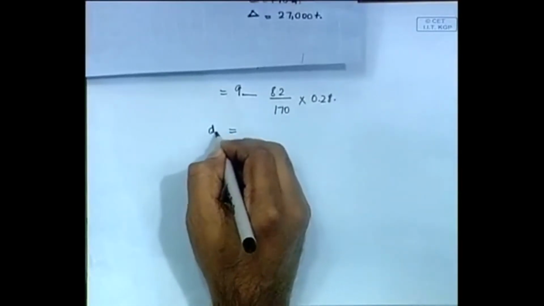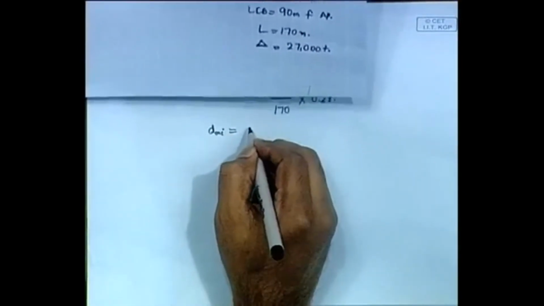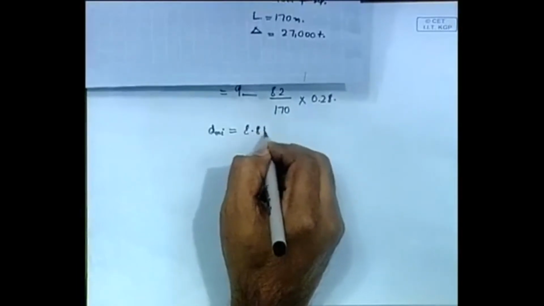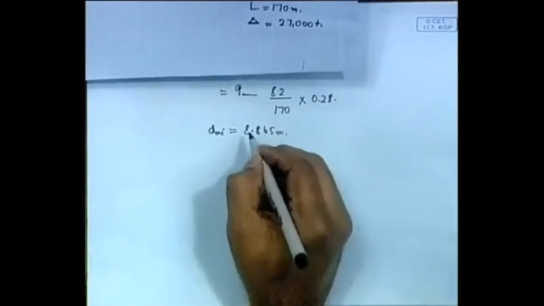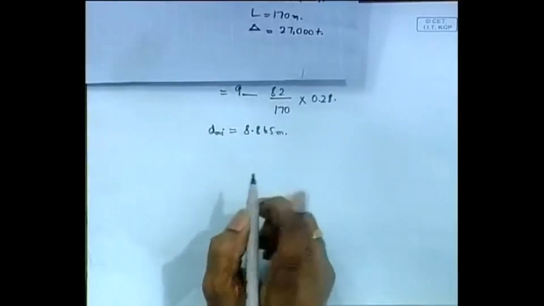So this will give you the mean draft initially. It comes to 8.865 meters. So this is your initial mean draft.